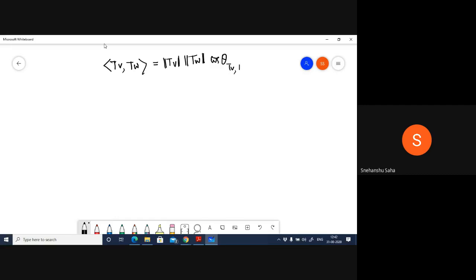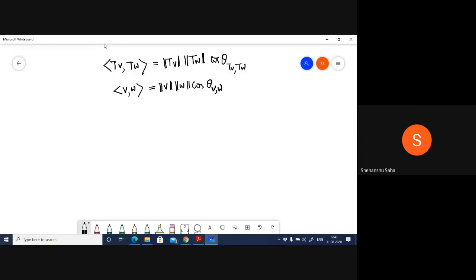Similarly, the inner product of V and W is nothing but the length of V times the length of W times the cosine of the angle between V and W.